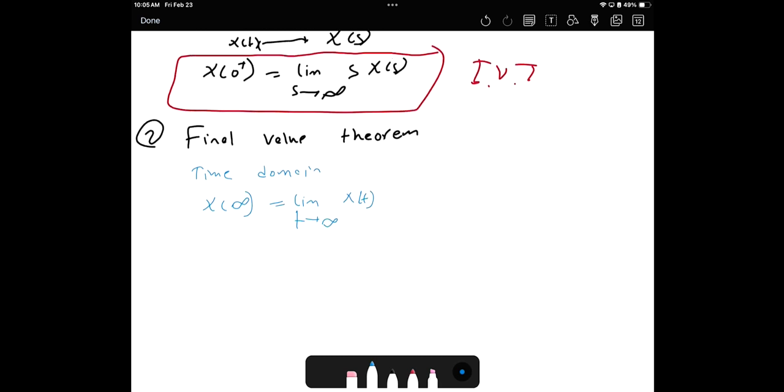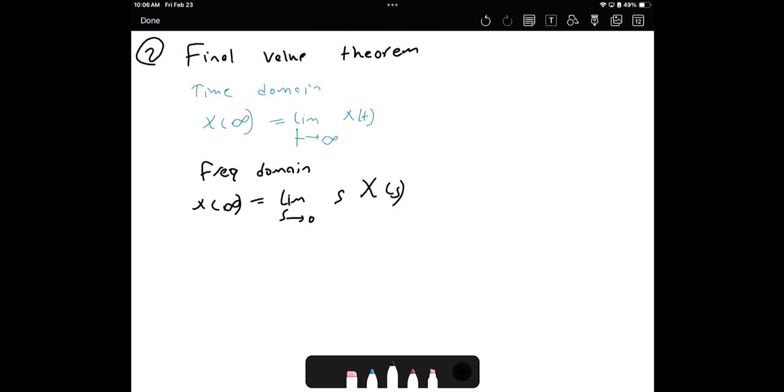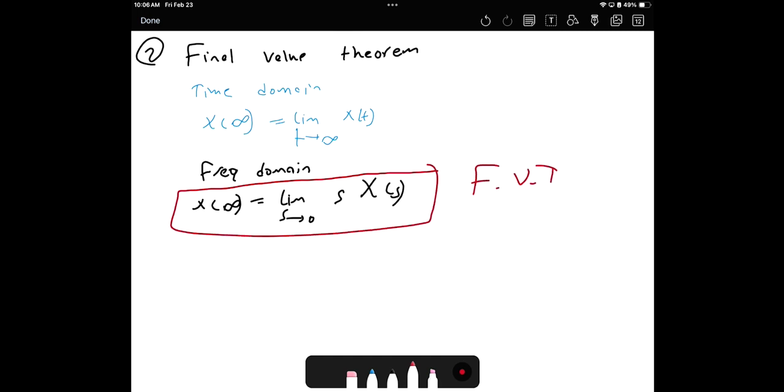But here, using the Laplace domain or frequency domain, x of infinity will be the limit when s goes to 0 of s times x of s. It will be when s goes to 0, because 1 over infinity, as we know, is 0, right? Then that's how we calculate it. And this is called the final value theorem, FVT, alongside IVT.